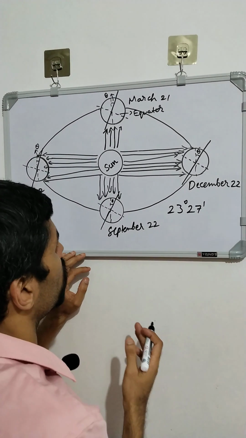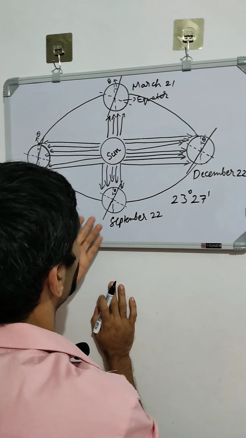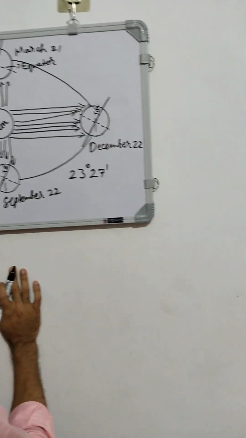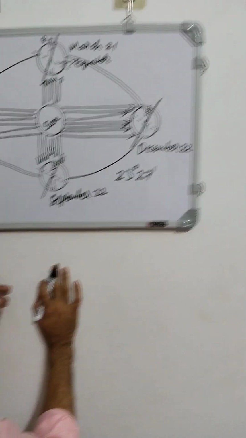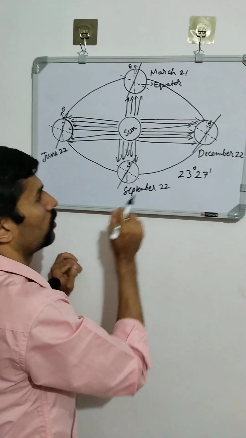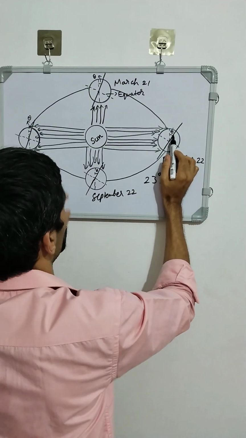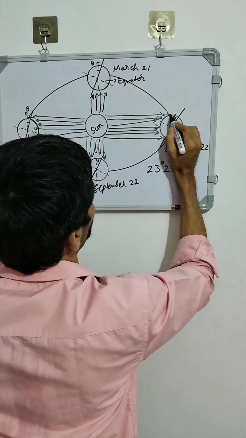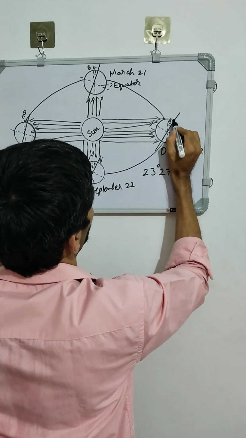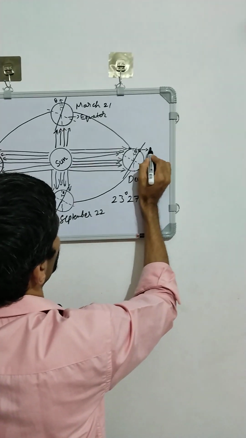Now let us understand why some of the places on the planet will never get sunlight for 3 to 4 months, and some of the places will be in perpetual daylight for some 3 to 4 months. See, in this case, as we can see here, the sun rays will reach up to here only, and this is the north pole.